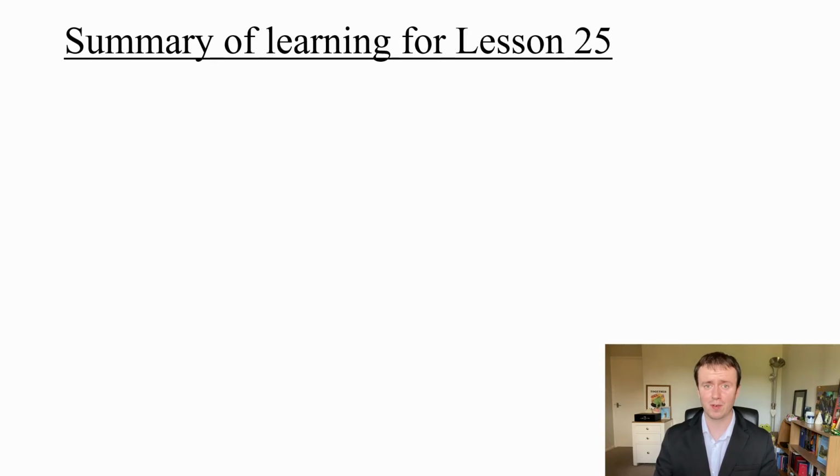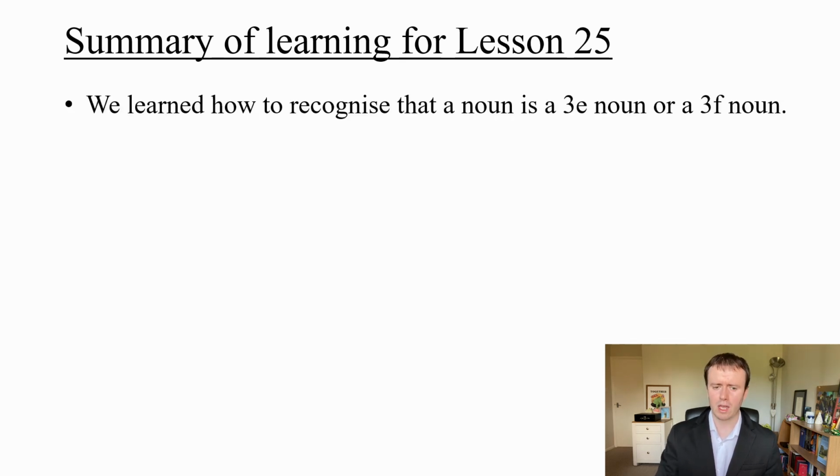Okay, that does it for 3E nouns and 3F nouns. Therefore, let us now summarise our learning for lesson 25. We have learned how to recognise that a noun is a 3E noun or a 3F noun, and we learned how to recognise which kind of 3E noun it is, whether it's one of the first kind, which ends in is in the nominative singular, or one of the second kind, which ends in us in the nominative singular.